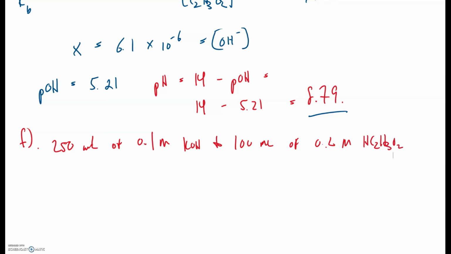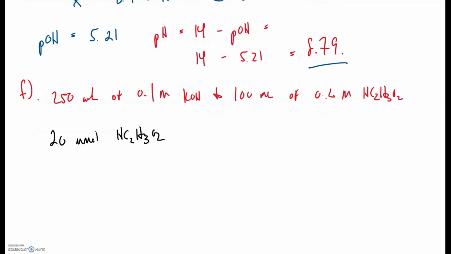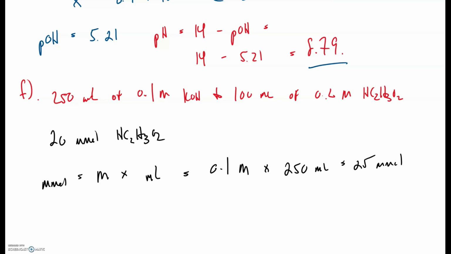All right, so we've been doing this for a while. We know that we have 20 millimoles of acetic acid. How many millimoles of the base do we have? Millimoles equals molarity times milliliters. It's 0.1 molar, and we have 250 milliliters. That's 25 millimoles of our potassium hydroxide.